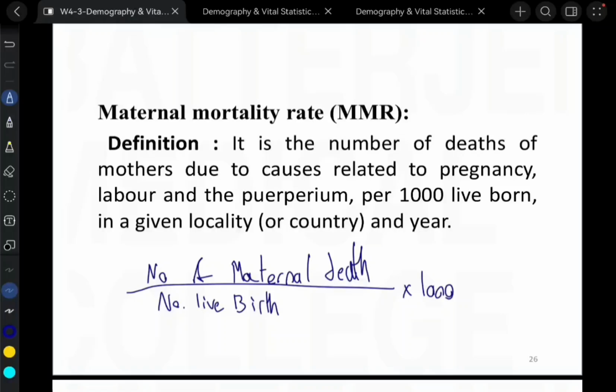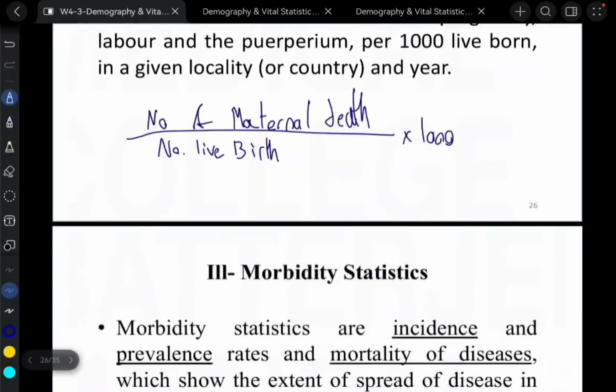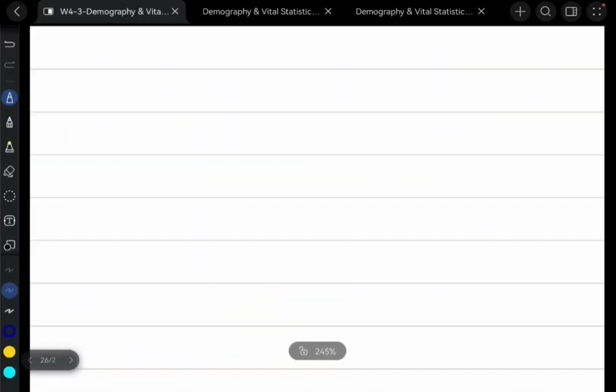Okay, that's the tricky part. It's not over mid population, it's not over pregnant mothers, it's over live births. You know what, we ordered already, let's just write it here.